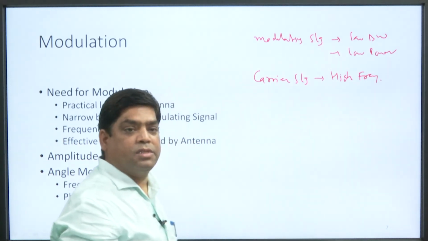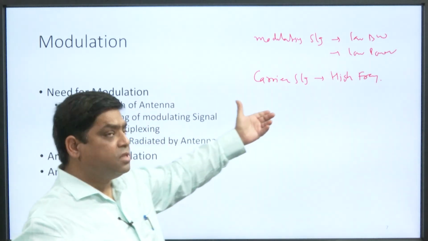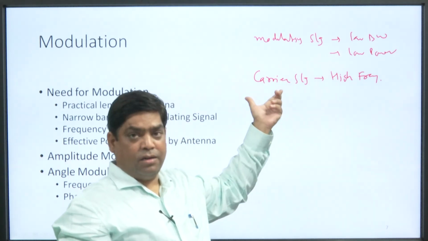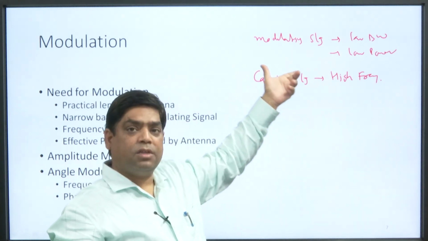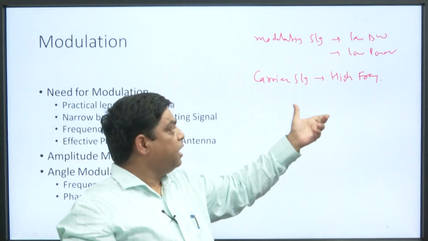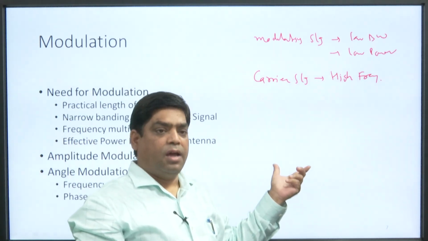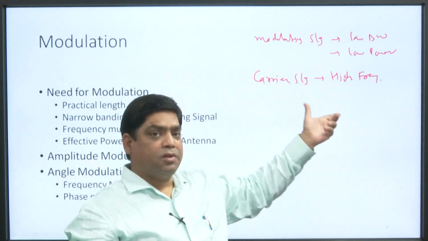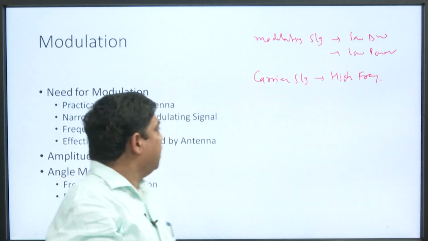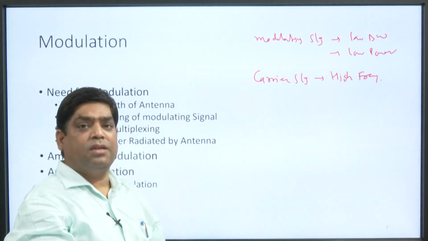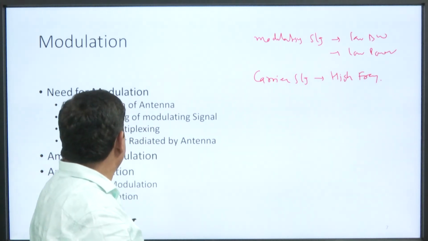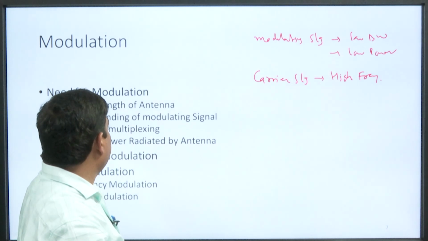This high frequency signal is modulated using the amplitude of the modulating signal, and then that signal becomes a high frequency signal, with which some practical advantages can be obtained. That is given here as the need for modulation.